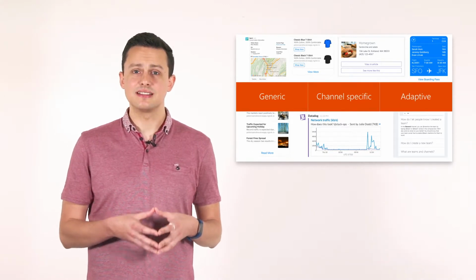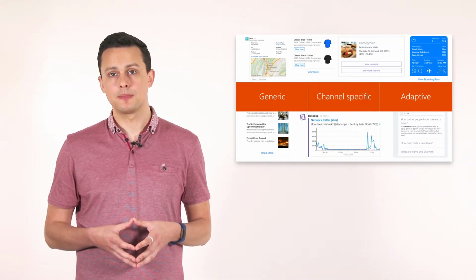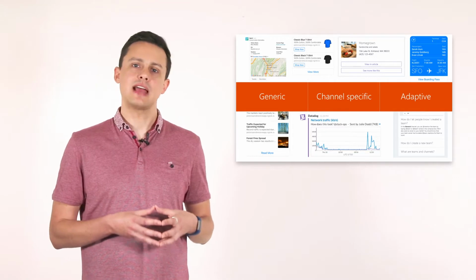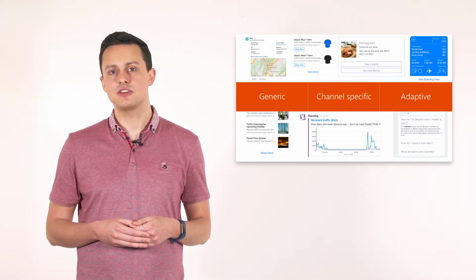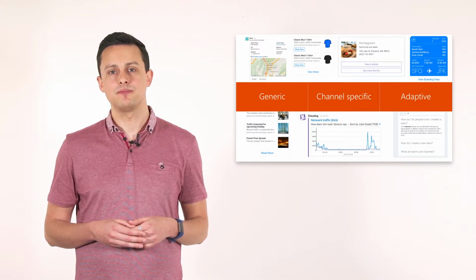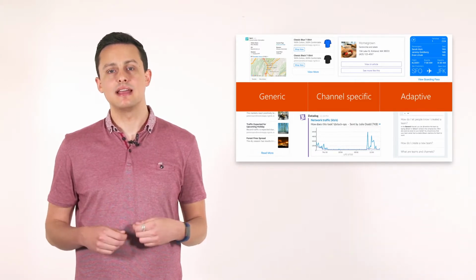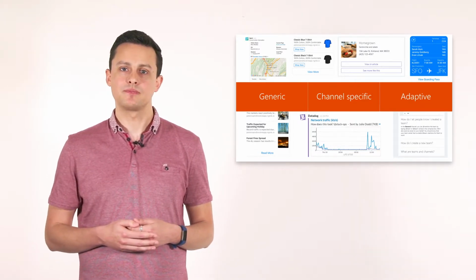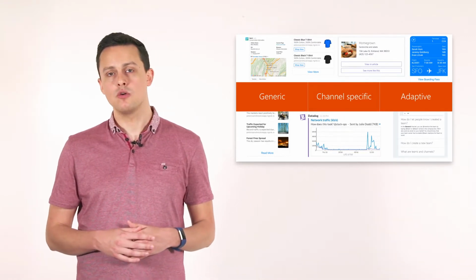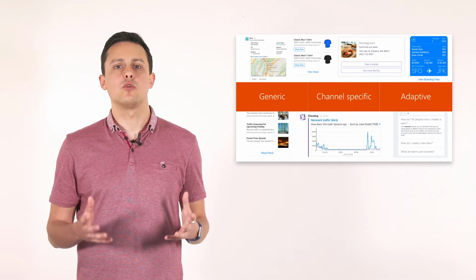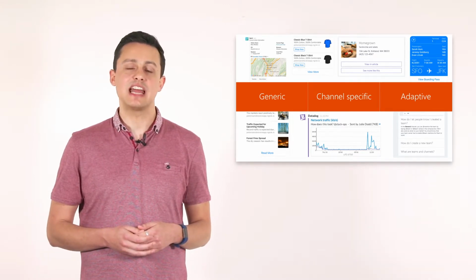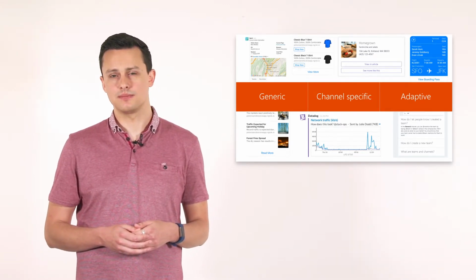The first is to let the bot framework take care of it. It has a number of built-in capabilities that, if you provide sufficient metadata about the information that you're sending to the customer, it can actually render it in a platform-specific way. To give you an example of this, when we looked at the Litware insurance demo, it asked us what kind of insurance we wanted, and it presented a carousel of options.